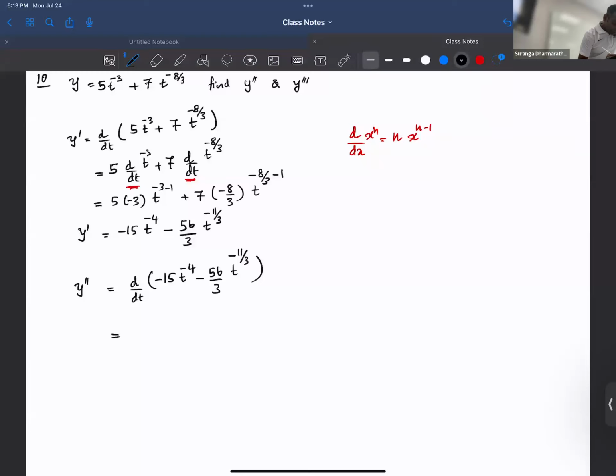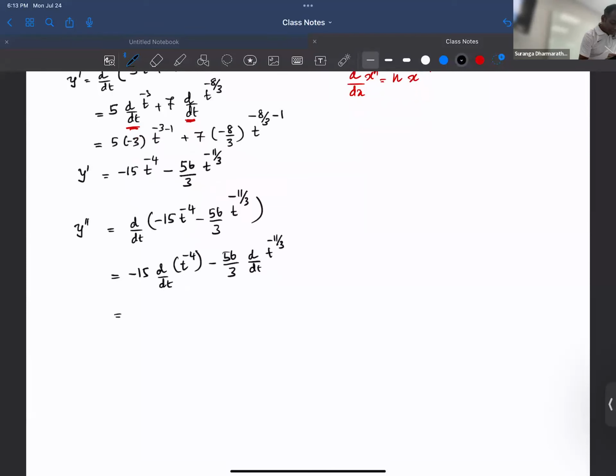I can take negative 15 out, d over dt t to the power negative 4, minus 56/3, because it's a constant, you can take that out of the differential operator, d over dt t to the power negative 11/3.